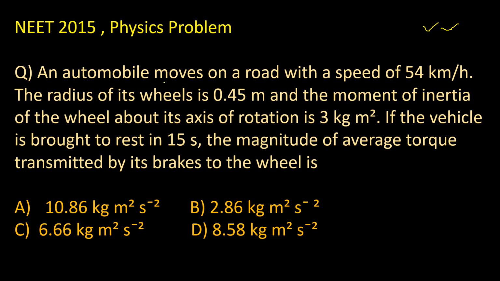An automobile moves on a road with a speed of 54 km per hour. The radius of its wheel is 0.45 meter and the moment of inertia of the wheel about its axis of rotation is given.